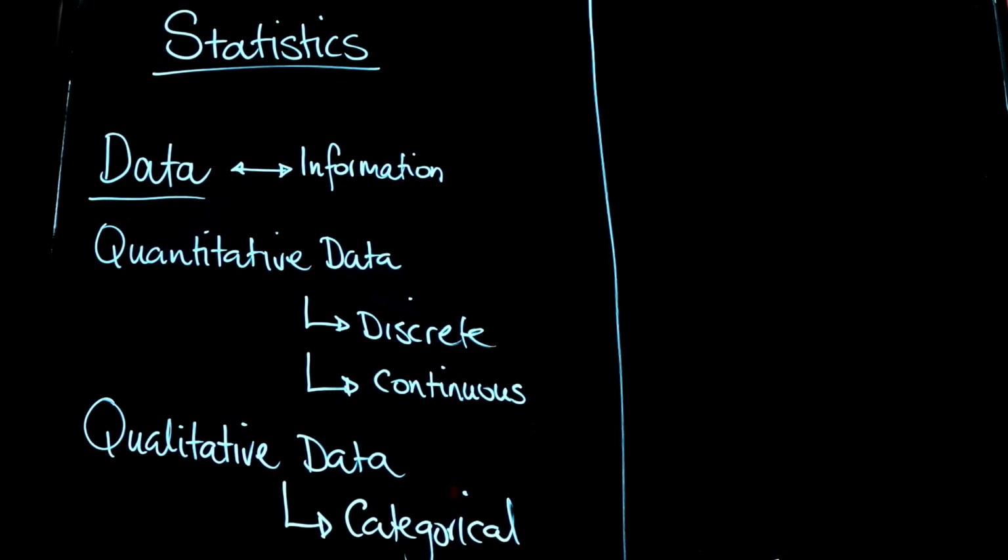Now we're doing an introduction to statistics, and there's a few new words here that we have to know, and I think about it as probably the worst part of this unit is the words.